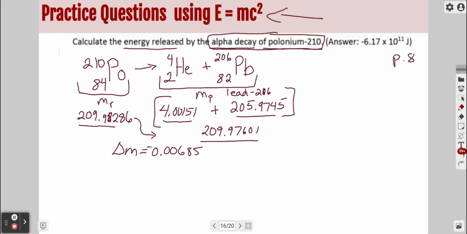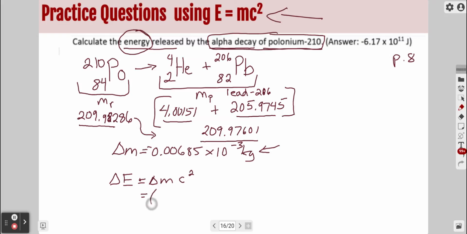We're losing mass. And remember, we go back and check our units, and our units are all going to be times 10 to the negative 3 kilograms. So that's our change in mass, but we want to know how much energy is released. So what does this amount of mass lost turn into in energy? We're going to use Einstein's formula. Change in energy equals change of mass times the speed of light squared.